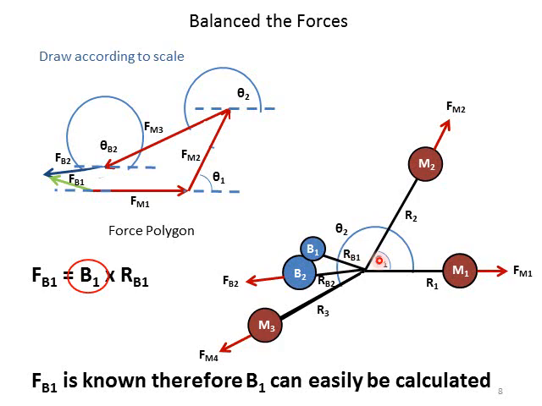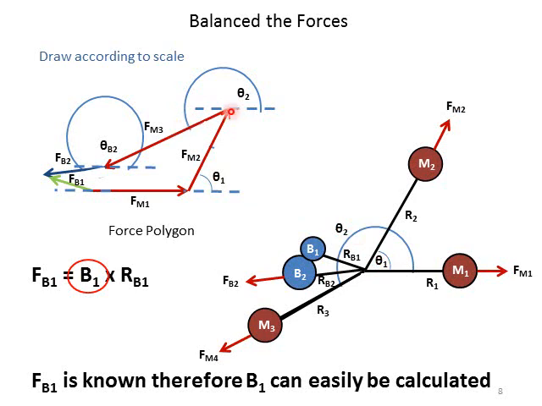So in case of the force polygon, we will draw to a scale. By this scale, for example, this arrow represents the magnitude of Fm1. Then this arrow represents the magnitude of Fm2 at certain angle theta 1.